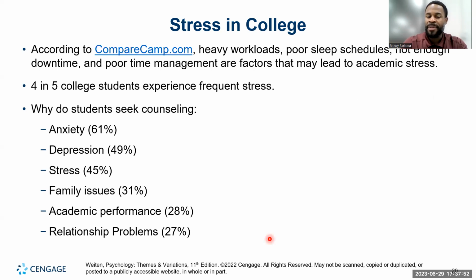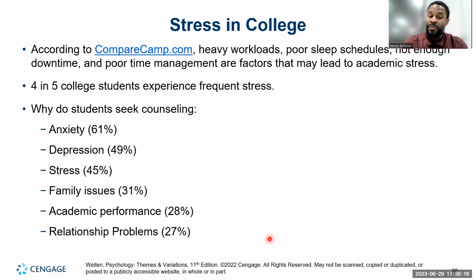according to comparecamp.com, heavy workloads, poor sleep schedule, not enough downtime, and poor time management have all been listed as factors that may lead to academic stress. If we know that these are some of the major factors, and maybe some of the ones you listed as your top ones, we need to understand that we have control over some of these.